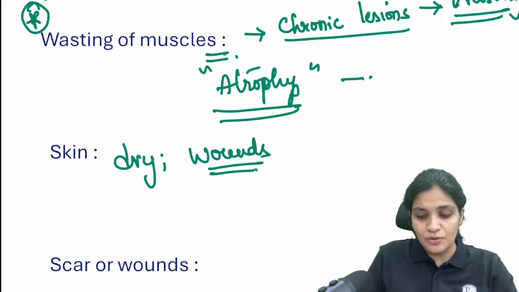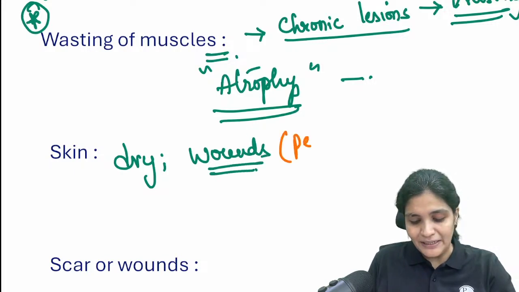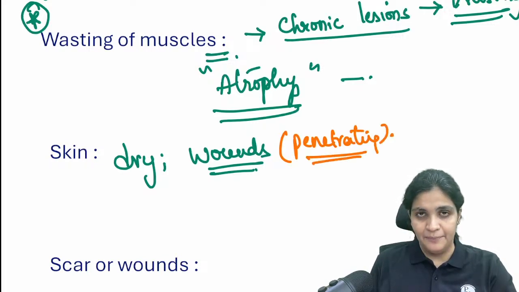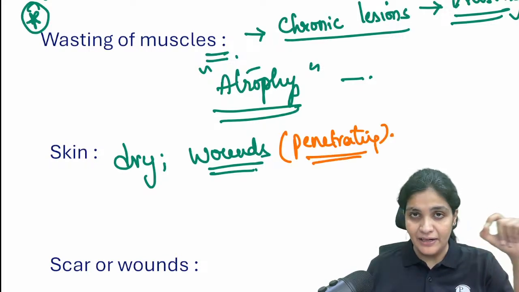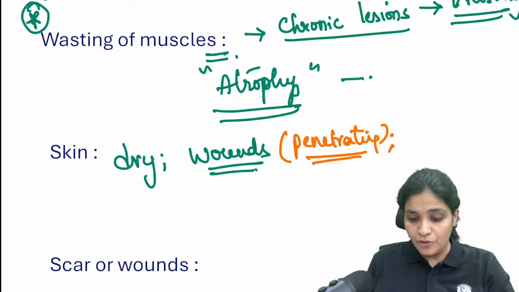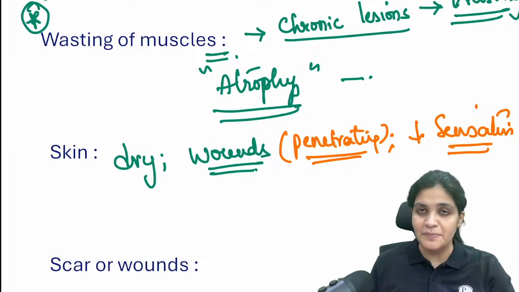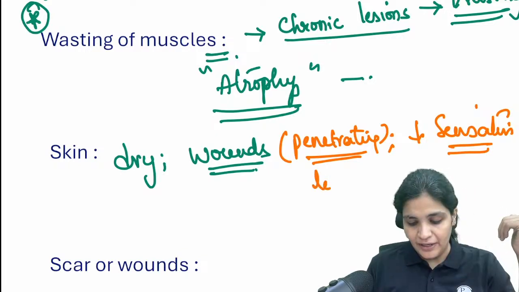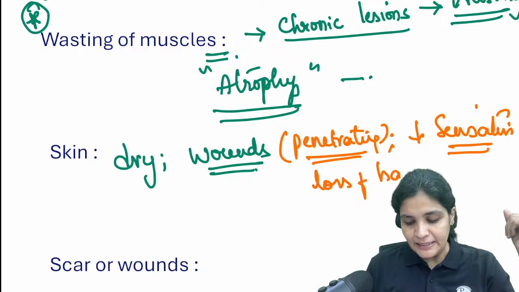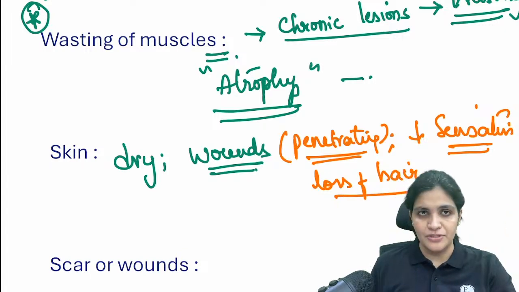I have told you there will be chances of penetrating injuries, so you have to look for any wounds present on the skin. They can complain about decreased sensations, which you will test in palpation, but sometimes on inspection you see that there is loss of hair, and the skin is dry, and all those things, right?